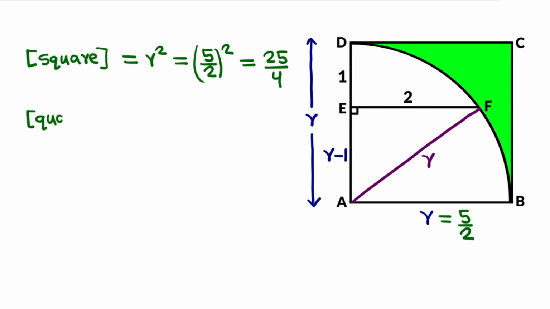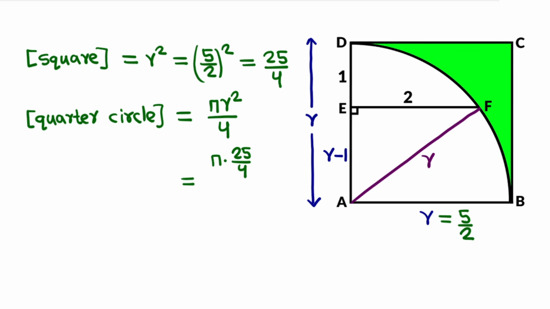The area of a quarter circle is pi r squared over 4. Substituting r equals 5 over 2 gives pi times 25 over 4 divided by 4, which simplifies to 25 pi over 16.